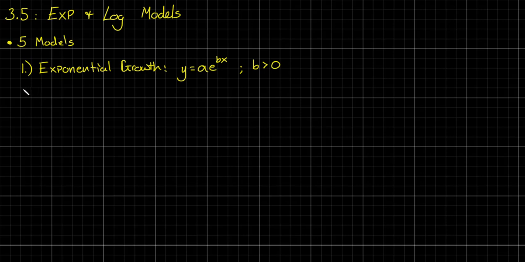Second one, we're going to write the same equation, AE to the BX, but this time we're going to require that B is less than 0. If B is less than 0, instead of growth, what's this going to be? And what sort of situations would this make sense for?